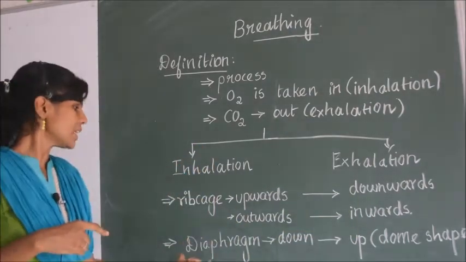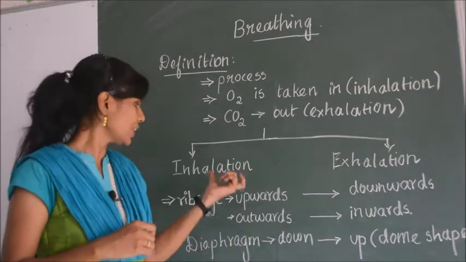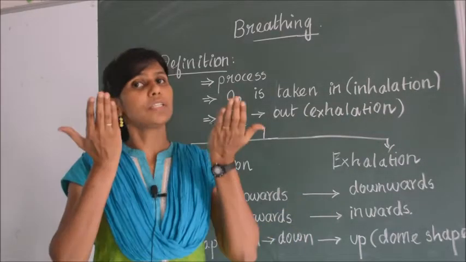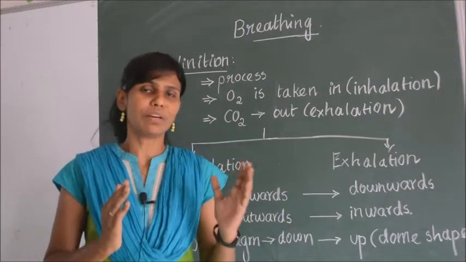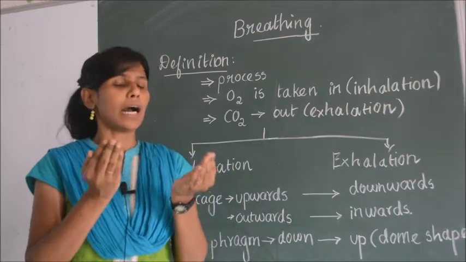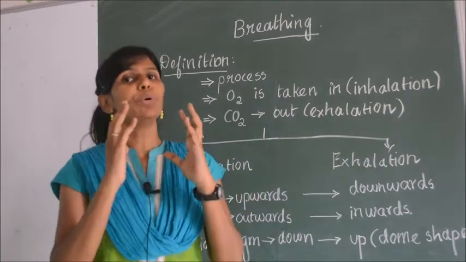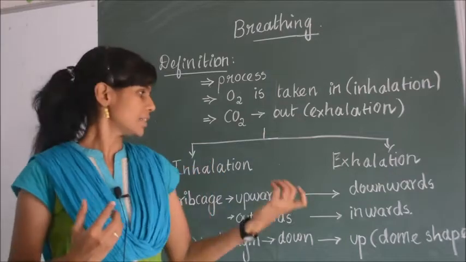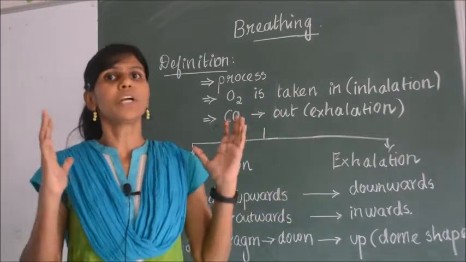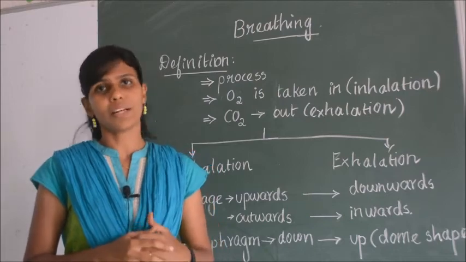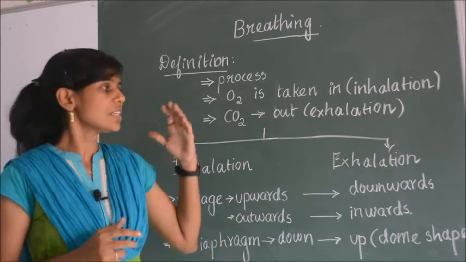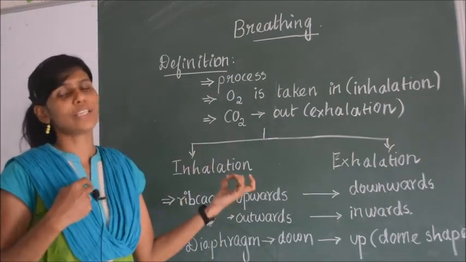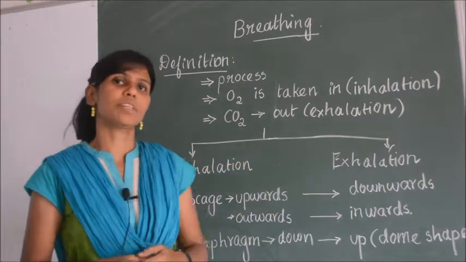And what about the diaphragm? The diaphragm is down during inhalation and up during exhalation. Whenever the diaphragm moves up, it gives a dome shape to the chest area. That is, the rib cage becomes a dome shape. Okay, so these are all about inhalation and exhalation.